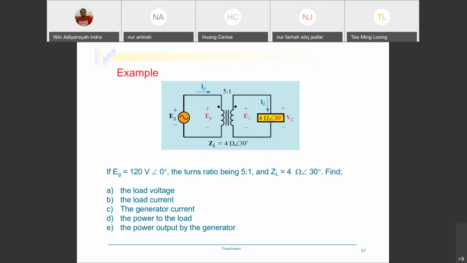ZL is the impedance of the load, 4 ohms and 30 degrees. So find the load voltage, the load current, generator current, power to the load, and power output by the generator.